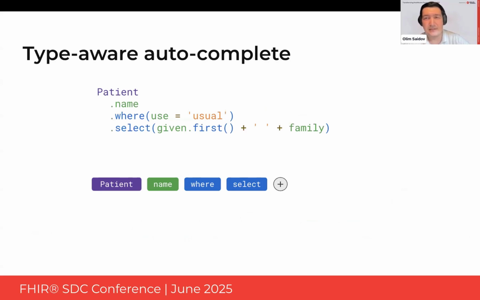Schema awareness tells us what field exists, but type awareness goes deeper. As you build an expression, the system tracks the type at each step and suggests only compatible functions and operators. Look at this example. We start with patient, access the name field, and that gives us a collection of human name.